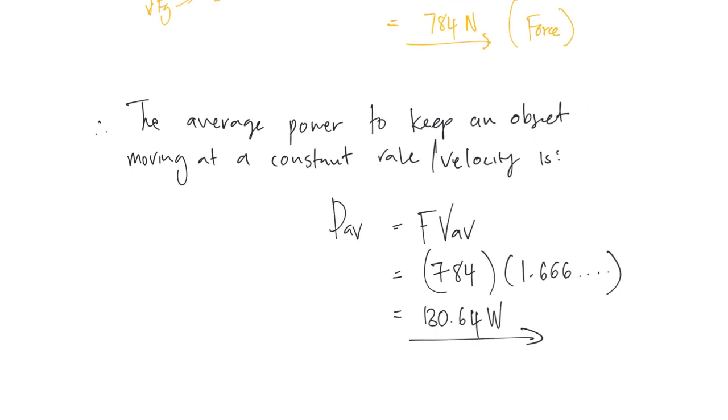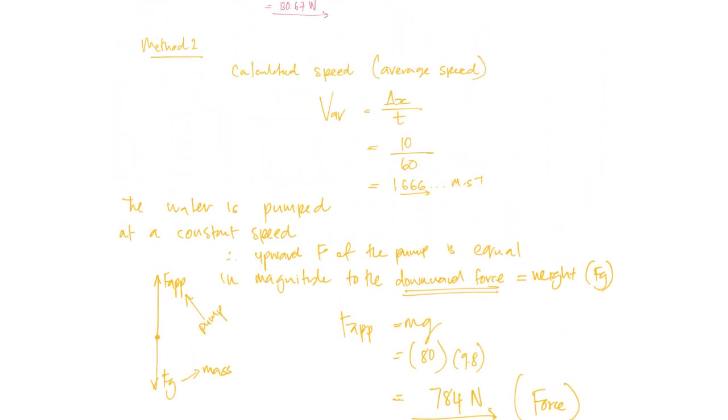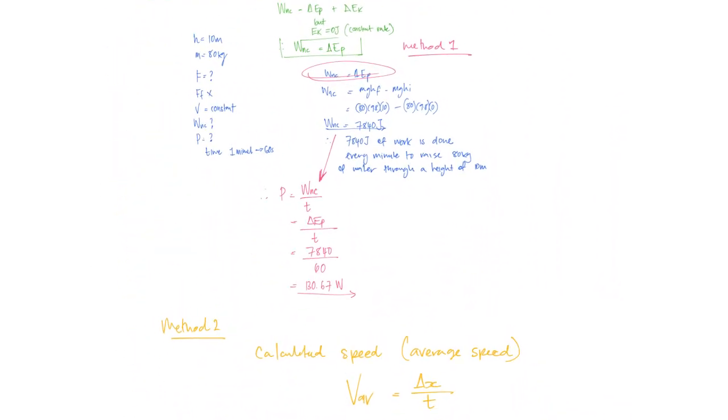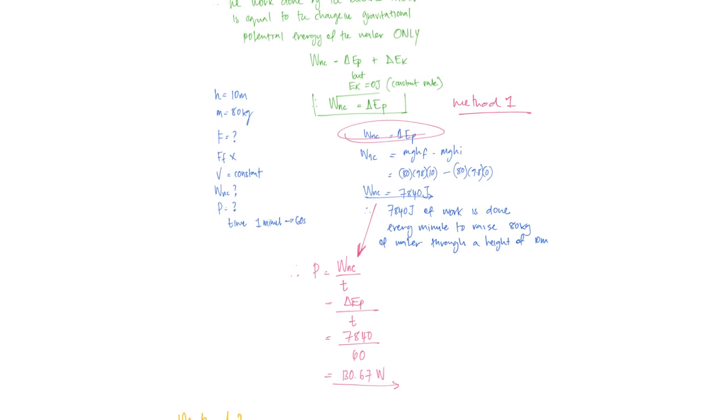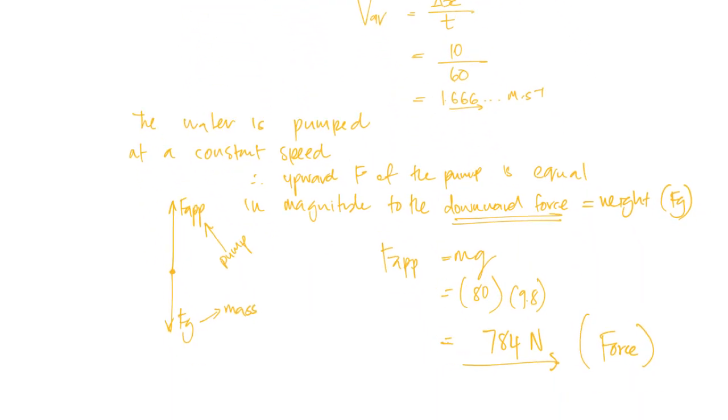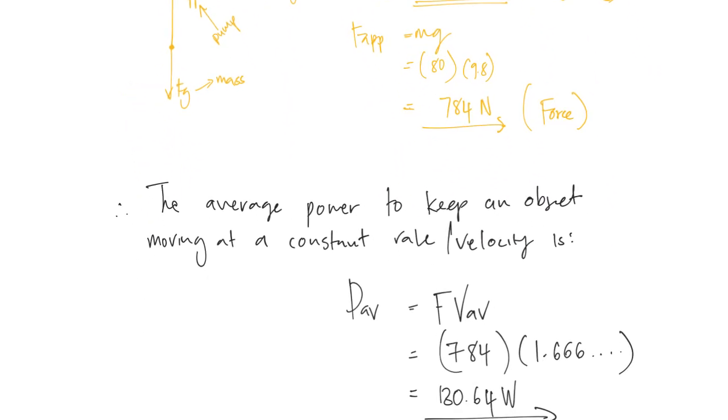So that would have been method 1 or method 2. And that is how you sort out that information. You could have either used this new formula that we're introducing, or you could use method 2, where either formula is a relevant formula for this topic.